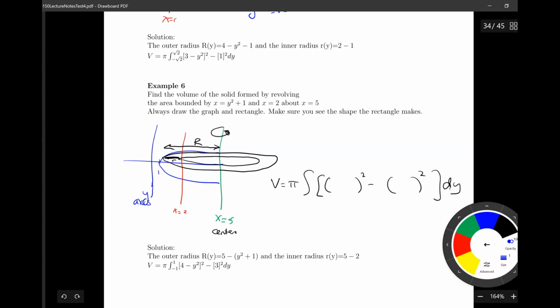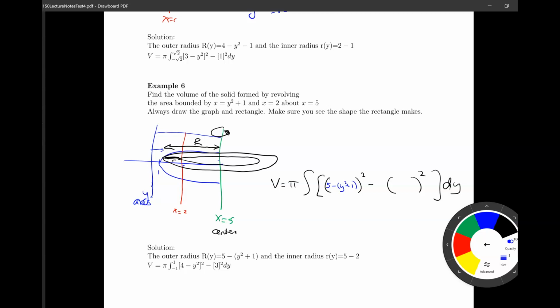All right, so I want us to get this black R, I want to say go all the way out to the green x equal 5 and subtract this off, and that will give me the capital R. So I'll go all the way out to 5 and take away the parabola, which is y squared plus 1. To get the inside radius of r, I'm measuring from the y-axis, I want to say go out to 2 and take away, all the way out to 5 and take away the 2.